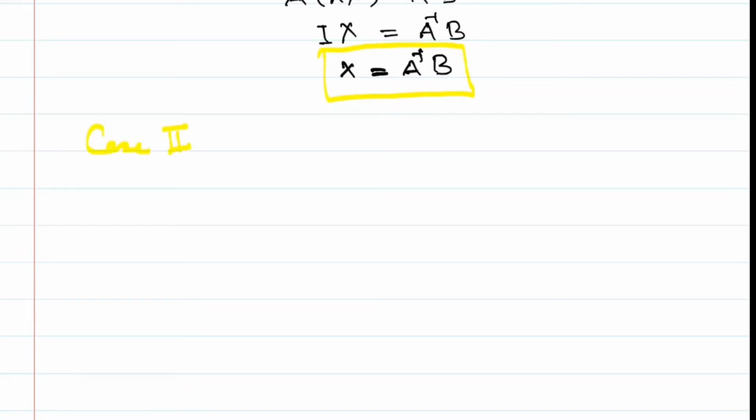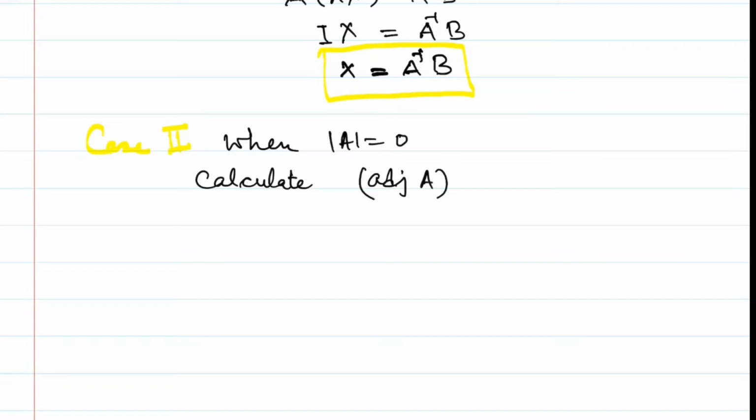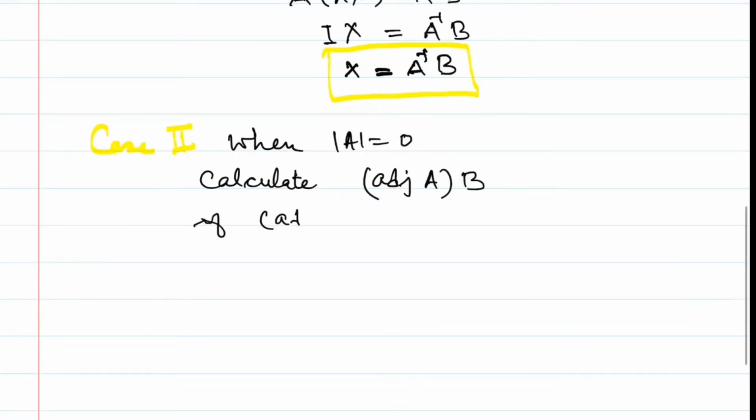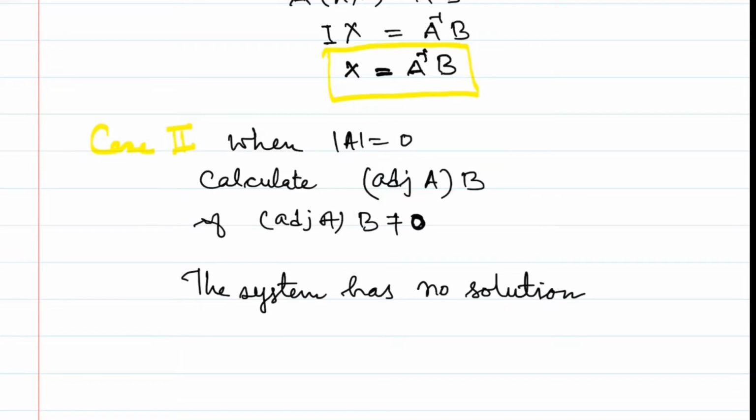Case second, when determinant of A is equal to 0, in that case we'll calculate adjoint A into B. If adjoint A into B is not equal to 0, then the system has no solution. That is, the system is inconsistent.